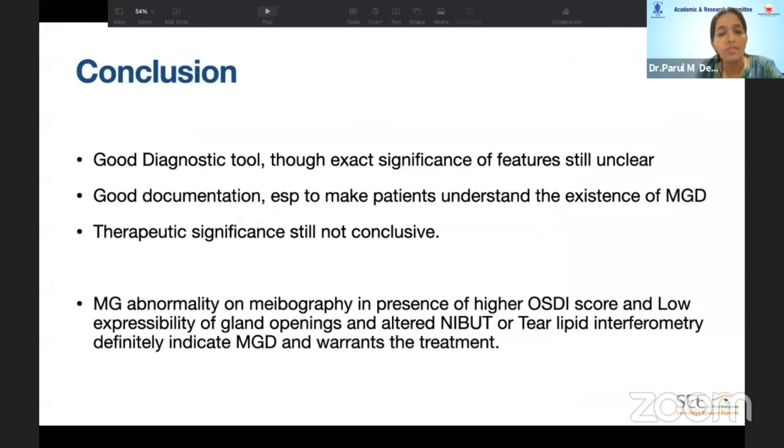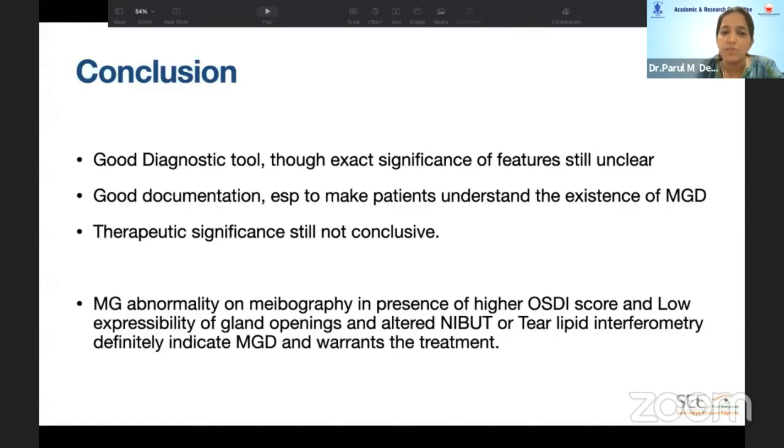So to conclude, it's a good diagnostic tool. However, the exact significance of all the features is still not clear. It can be a good documentation tool, especially if we need to explain to the patient about the existence of meibomian gland disease in their eyes.